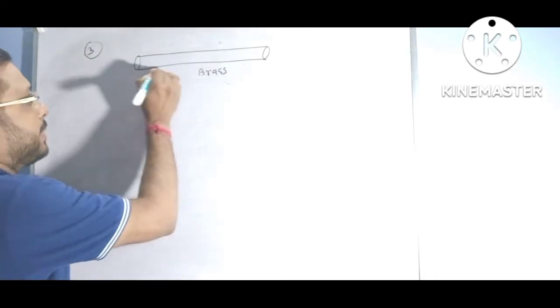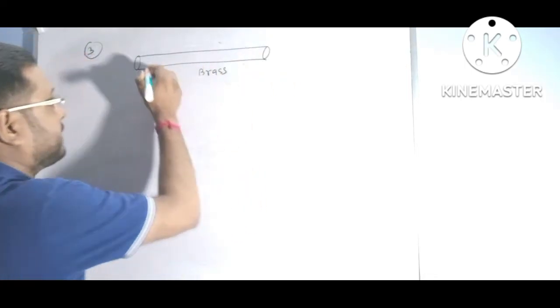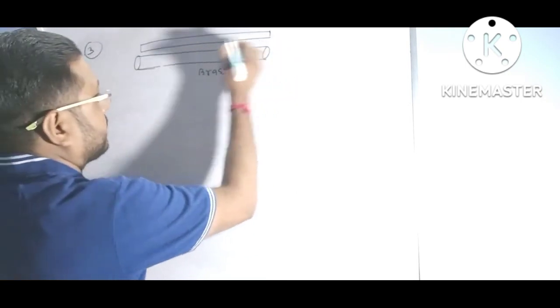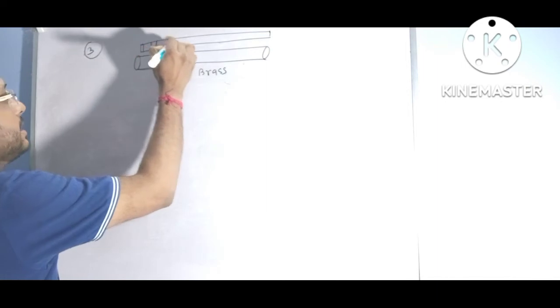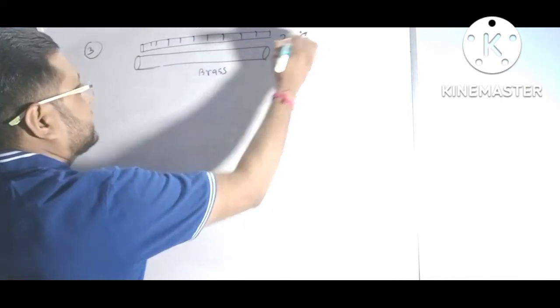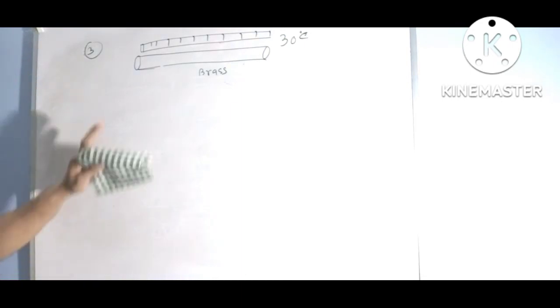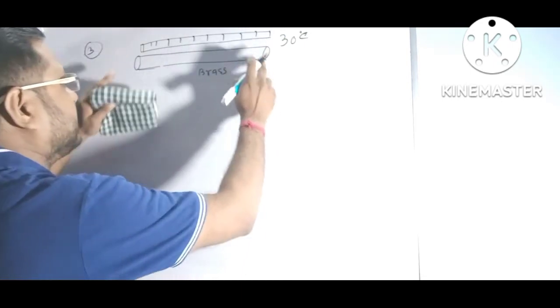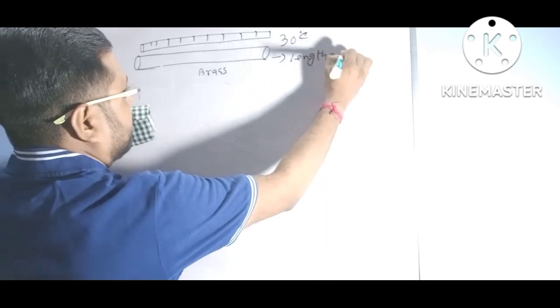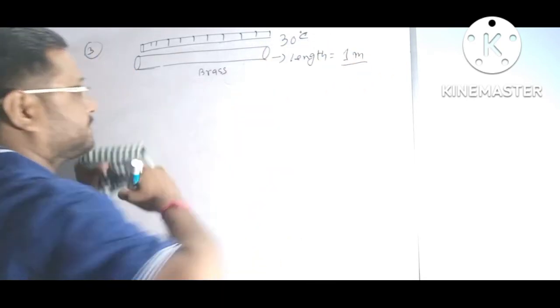एक ब्रास रॉड है जिसको हम एक स्टील स्केल से मेजर कर रहे हैं. ये स्केल है स्टील का और 30 डिग्री सेंटीग्रेड में ये मेजर कर रहा है. तो 30 डिग्री सेंटीग्रेड में ये मेजर होता है कि लेंथ ऑफ ब्रास रॉड इज 1 meter.